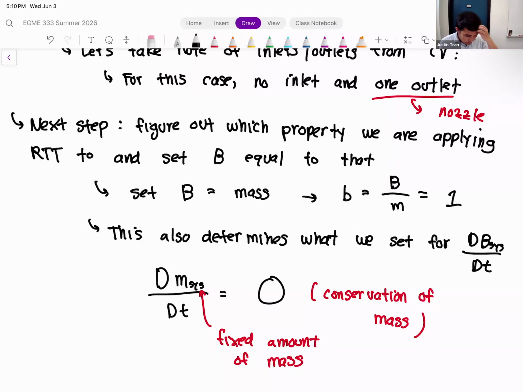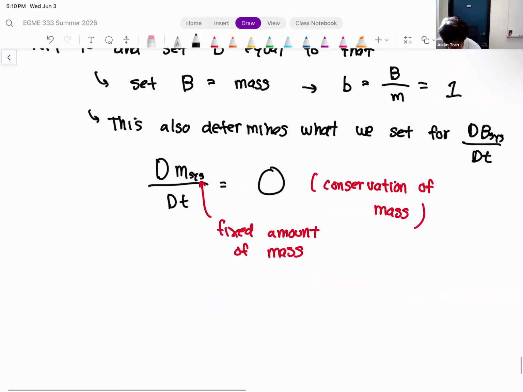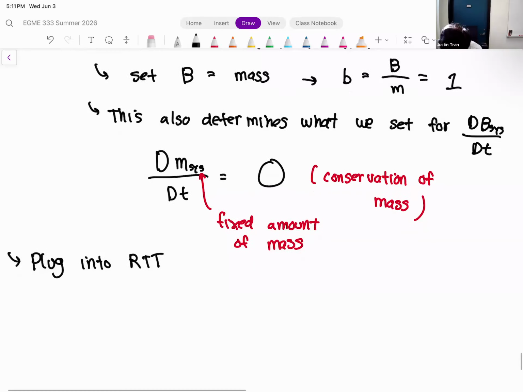Good. All right, so now that we have all that stuff, let's finally plug it all into our Reynolds transport theorem. I'm going to write just the generic form for Reynolds transport first, and then we will apply it to this problem.